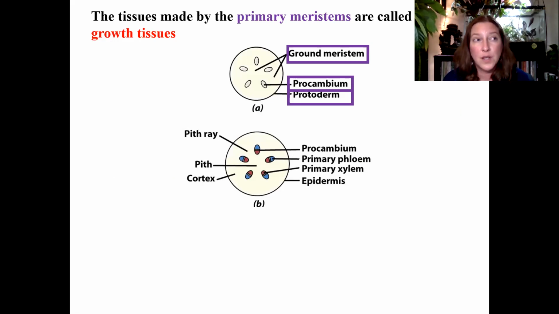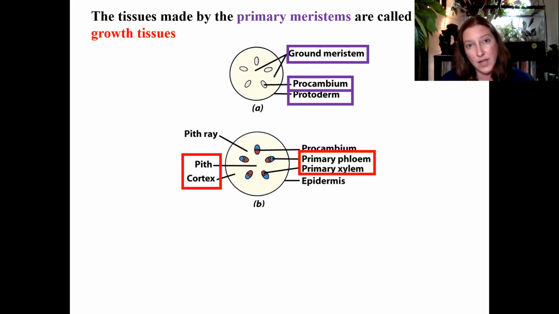And each of those primary meristems is going to make tissues that are the primary tissues. Here it says primary growth tissues, but primary tissues is fine. And here are those primary tissues. You have pith and cortex. Those are 2 primary tissues. You have primary xylem and primary phloem. And you have epidermis.